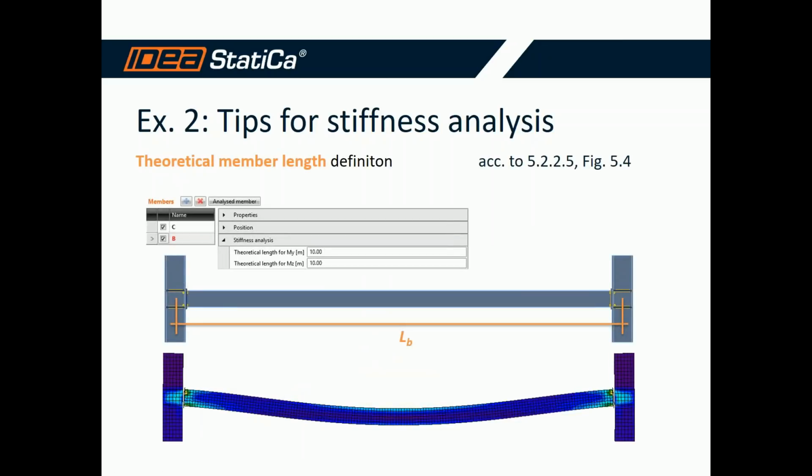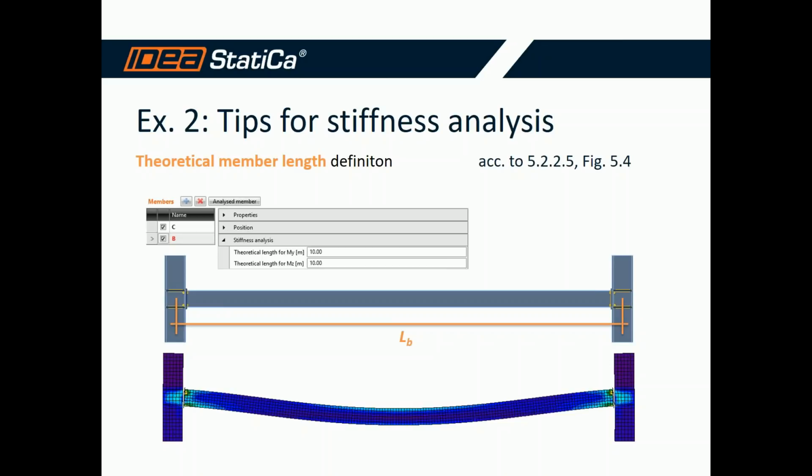In the Geometry tab, there will be another input box if the stiffness analysis is selected. You have to input the theoretical member length to define the length of the member for direction Y and direction Z separately.